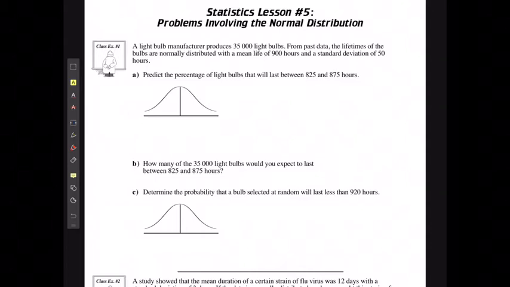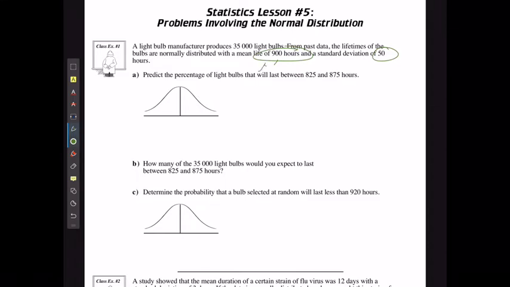Well, right away, I can find the pertinent information. So we know we have 900 hours, we know we have a standard deviation of 50 hours. There's my mu, there's my sigma. If I'm looking for between 825 and 875 hours, they're both going to be below my average, my mu.